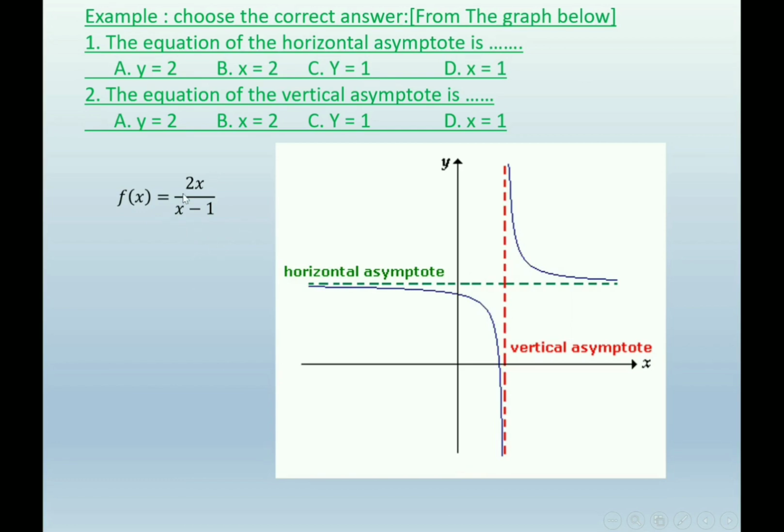For a function having equal powers up and down, you take the coefficient of the highest power up divided by the coefficient of the highest power down, which will be 2 over 1. So the answer is 2. So we are going to choose equation A, which is y equals 2.